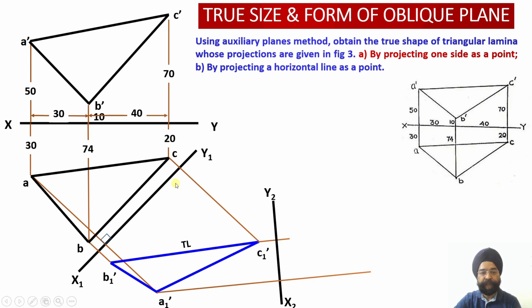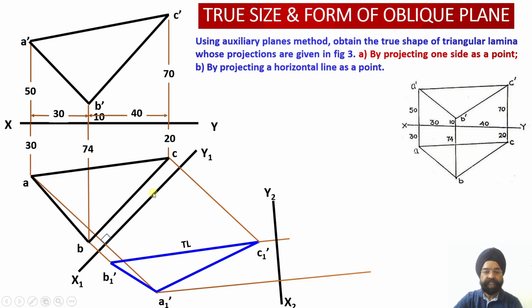Which distances will be used? Please see, the distance between the original picture and this auxiliary plane which I had drawn for the first iteration are being used to obtain the auxiliary plan in the fourth iteration. So over here, since I have shown lesser distance between the existing figure and my auxiliary plane, the distances required over here will also be shorter.